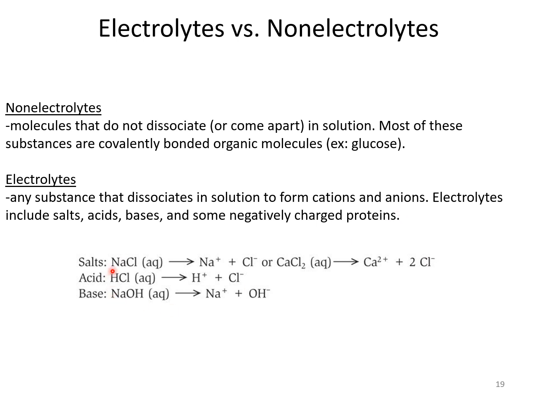So sodium chloride is a salt. It's one cohesive molecule, but as soon as you put it in water, it breaks apart into a sodium cation and a chloride anion. Calcium chloride, same thing. Put it in water, it's going to break apart into a calcium cation and two chloride anions.